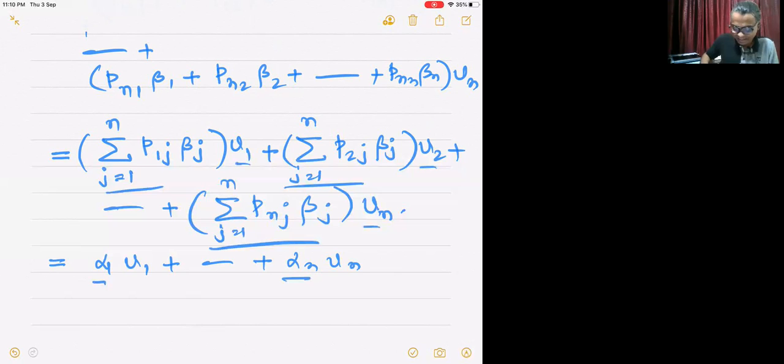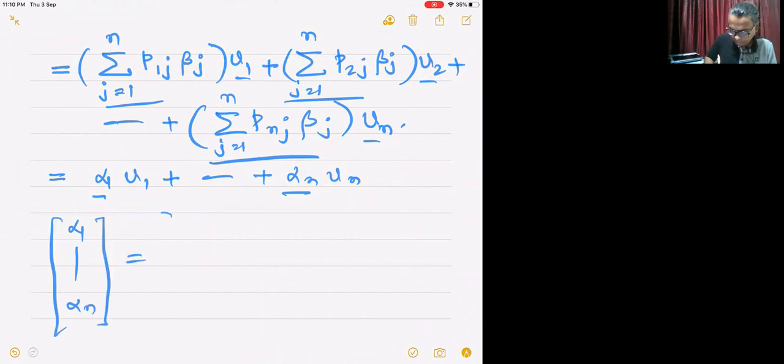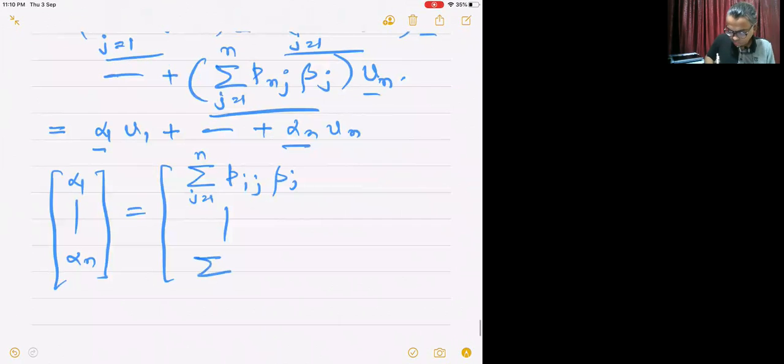So this means alpha 1 dot dot dot up to alpha n, this n tuple, is nothing but this n tuple: summation j going from 1 to n P1j beta j, and so on up to summation j going from 1 to n Pnj beta j.